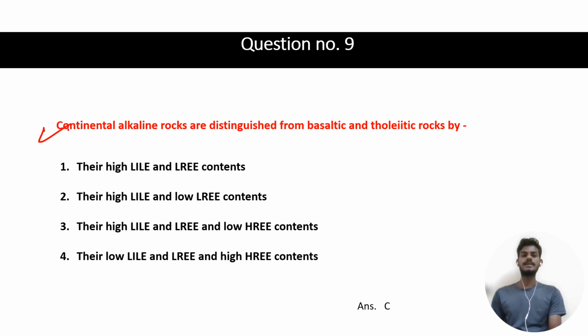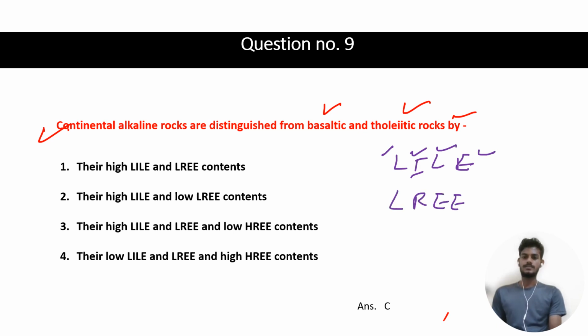Ninth question is the continental alkaline rocks are distinguished from basaltic and tholeiitic rocks by. So the continental alkaline rocks can be distinguished with the help of your LILE, that is large ion lithophile elements, and LREE, that is the light rare earth elements, and HREE, that is the heavy rare earth elements.